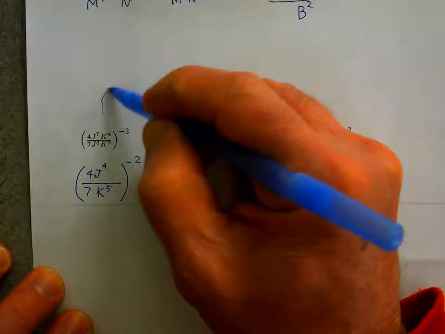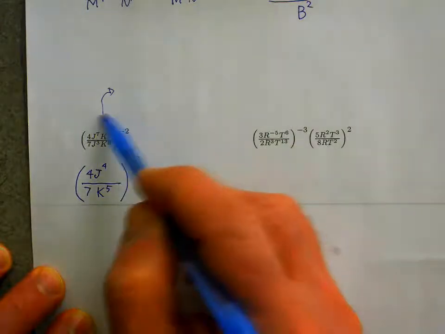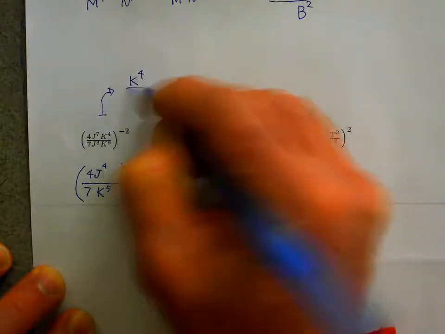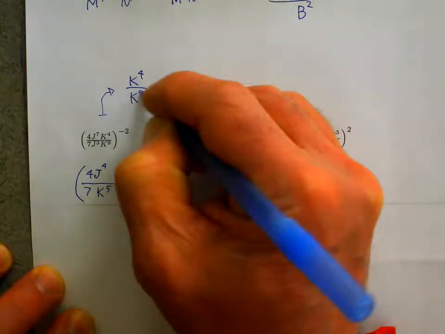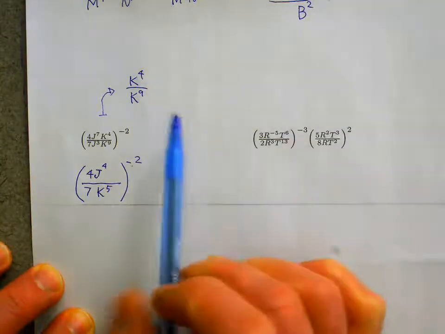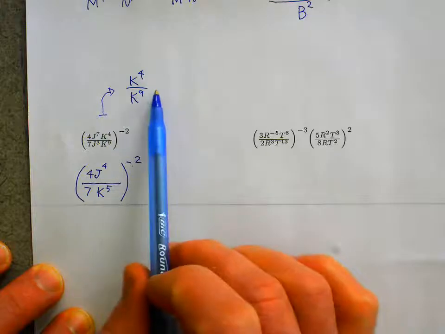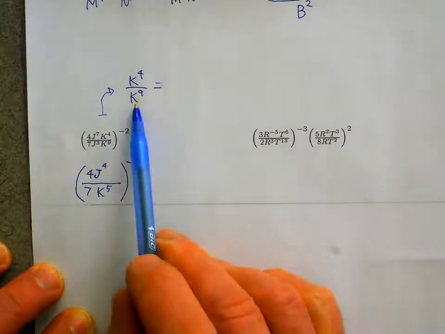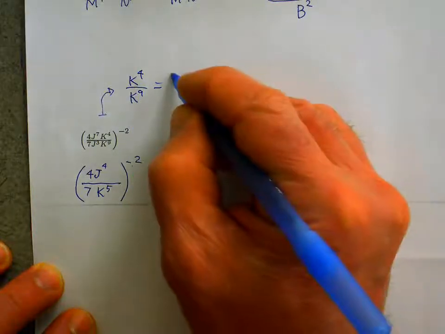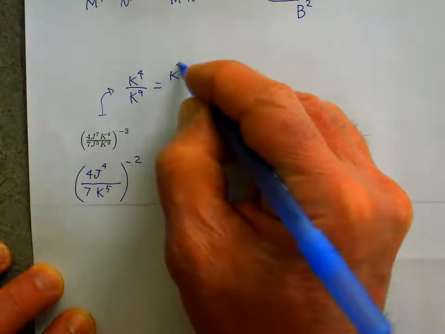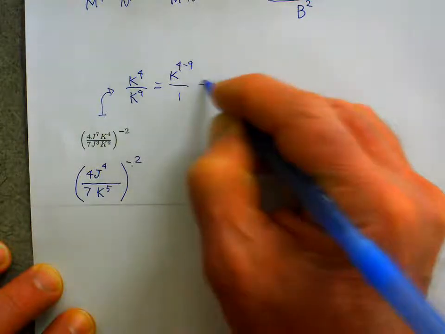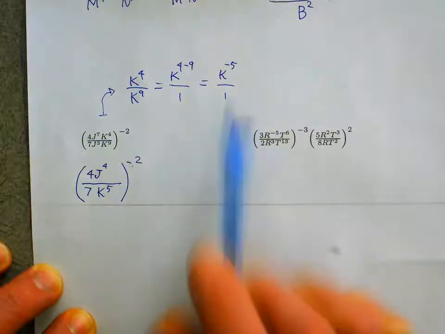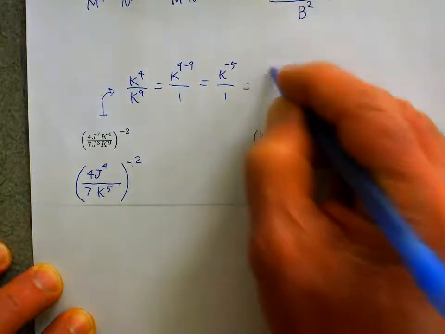So we can look at that by itself if it's necessary. k to the 4th divided by k to the 9th. When we were reviewing the properties, we saw two ways to simplify this. One is k to the 4 minus 9 over 1, which is k to the -5. But then k to the -5 over 1 is 1 over k to the 5th.